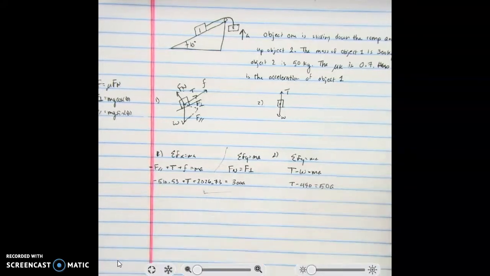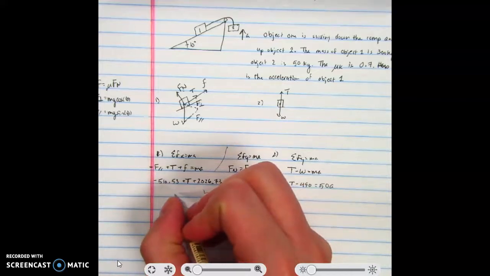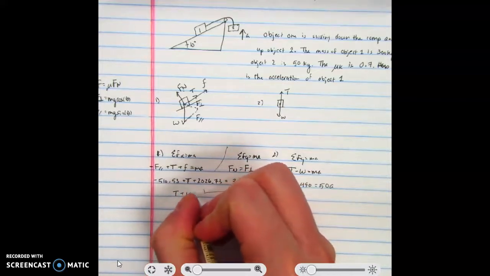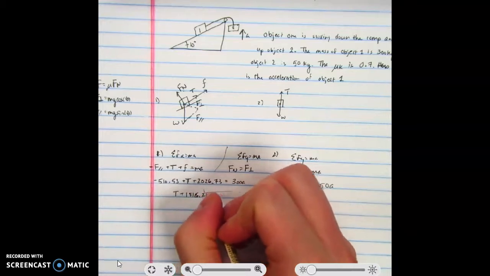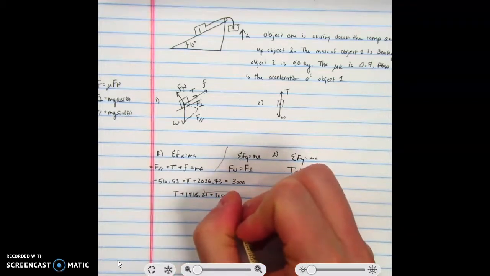I'll simplify this down. So that minus 510.525, I have tension plus 1516.21 is equal to 300A.